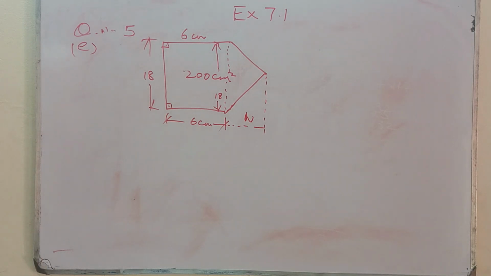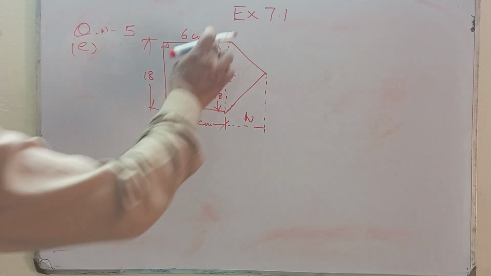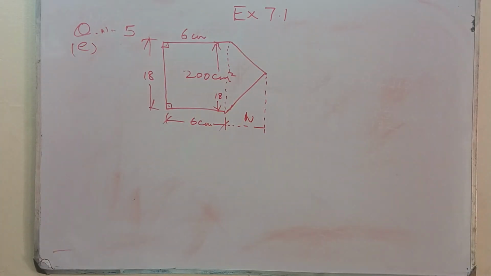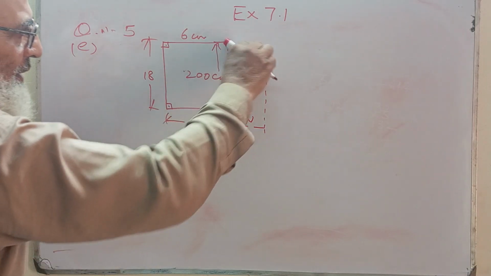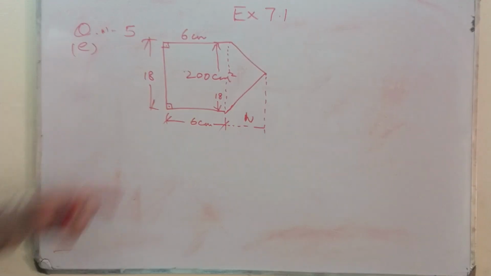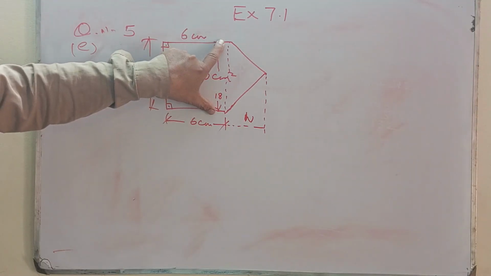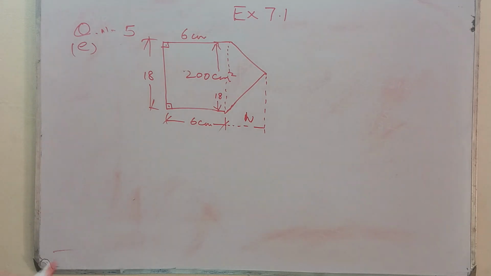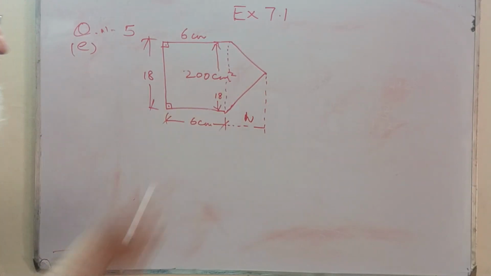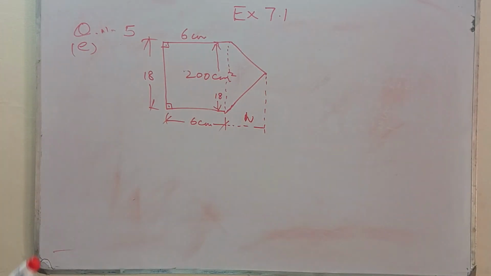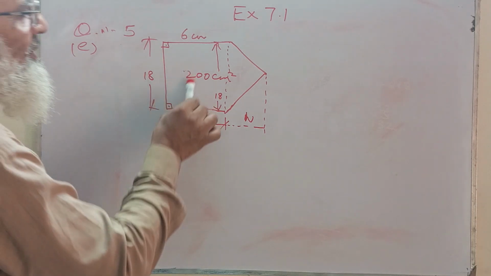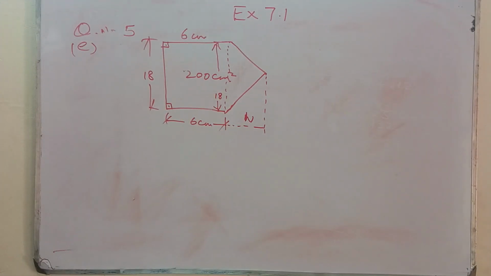How do we know the area? We don't have the area of this triangle. This has become a triangle now. We know the base, that is 18, because of this. But we don't know the area of this triangle. The consolidated area is given as 200 centimeters.